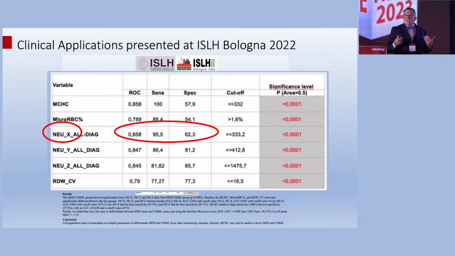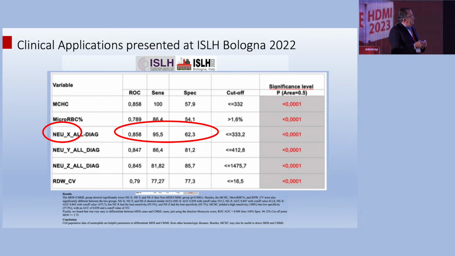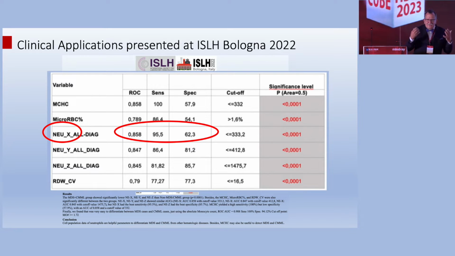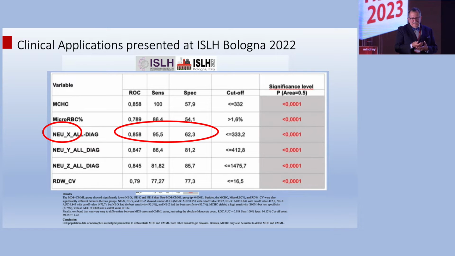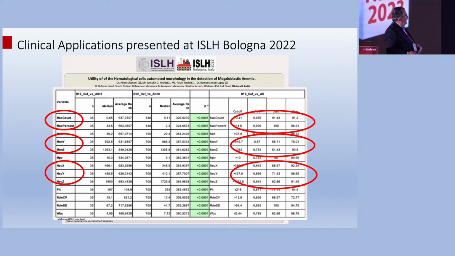And he was demonstrating that the use of neutrophil scatter was very useful with a ROC curve of 0.858, sensitivity of 95%, detecting dysplastic neutrophils, degranulated neutrophils, and suspecting myelodysplastic syndromes. This is amazing, and it's for free. It's included in the 6,800, and maybe one of these days, Shama will give the good news that other instruments will incorporate cell population data.